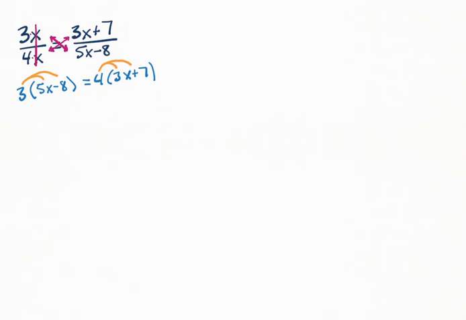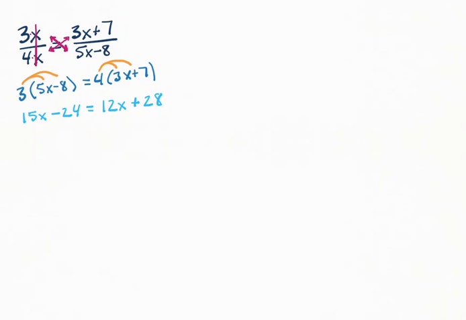So 3 times 5x minus 8 is 3 times 5x is 15x, 3 times negative 8, that's negative 24. And then distribute 4 times 3x is 12x, and 4 times 7 is 28. And now I'm going to solve this equation by getting all those x's on the same side. So there's 15 x's on the left, 12 on the right.